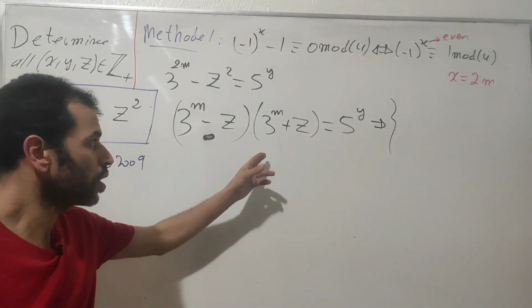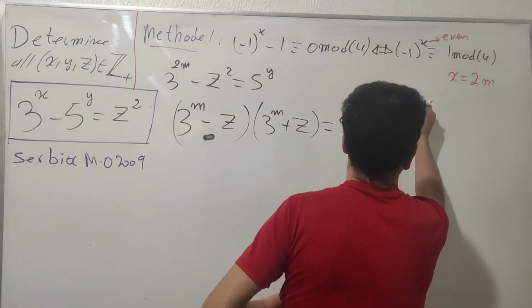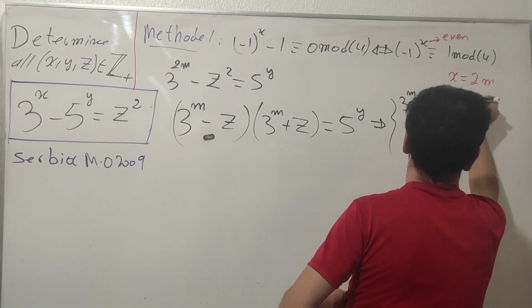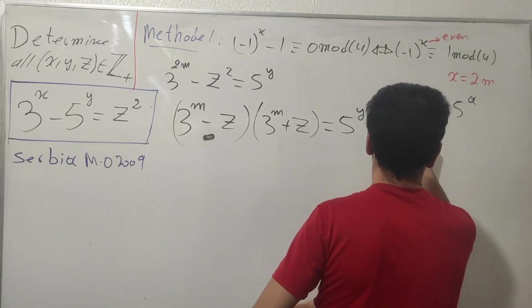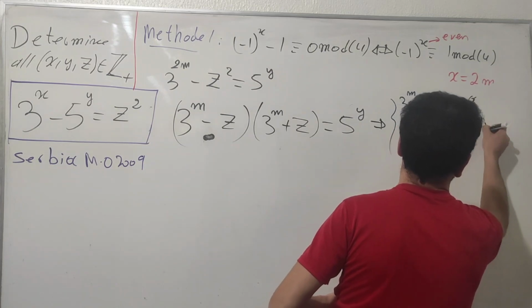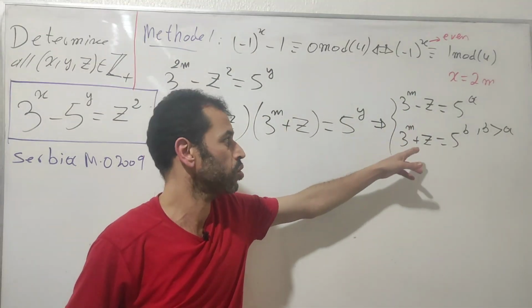Now, let's express that in the form of a system of equations. So I get 3 to the m minus z equals 5 to the a. The other one is going to be 3 to the m plus z, which equals 5 to the b, where b is strictly greater than a. It's simple. I'm simply going to sum these two equations.